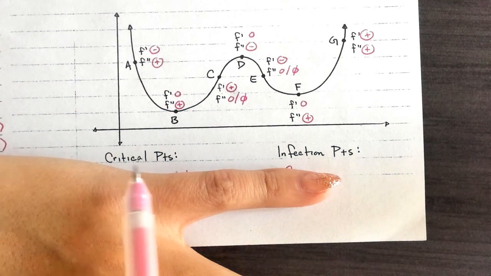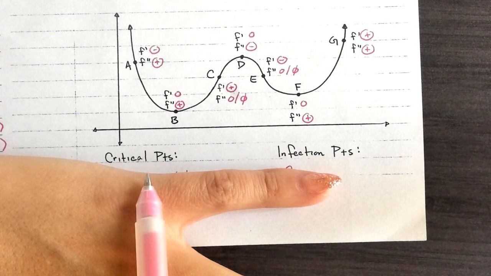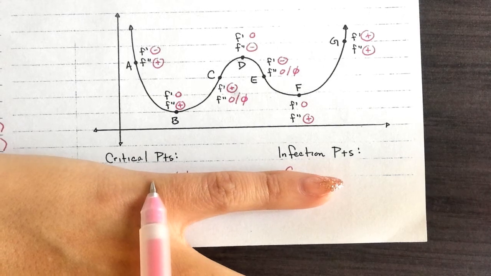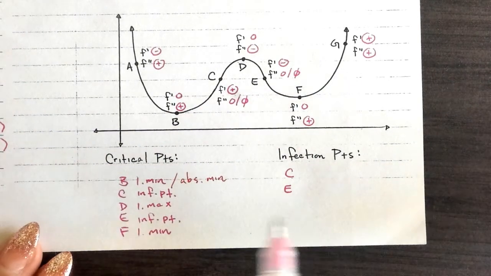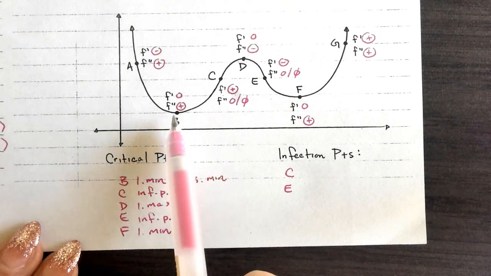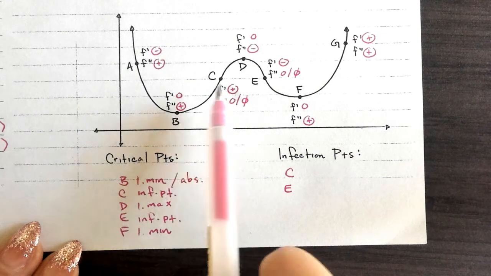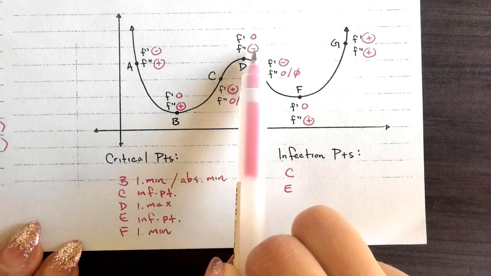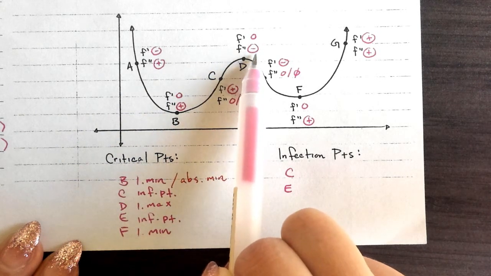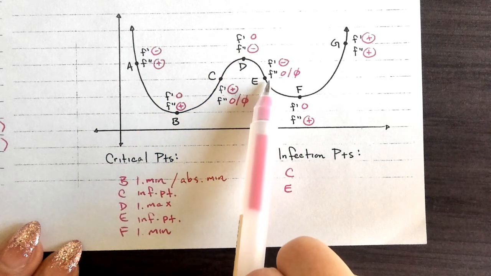Critical points are where you have your first derivative equal 0 or undefined. So you list them. So it happens here and here, because these are critical, and here and here and F.